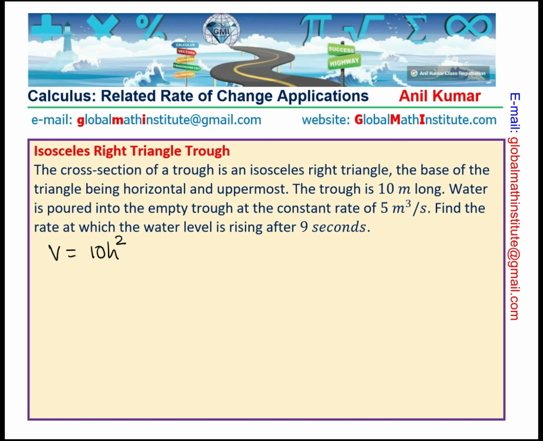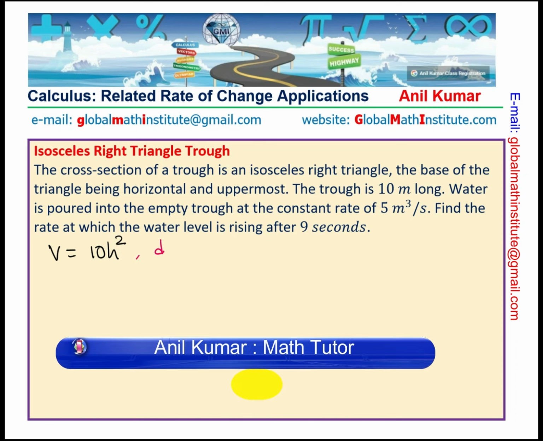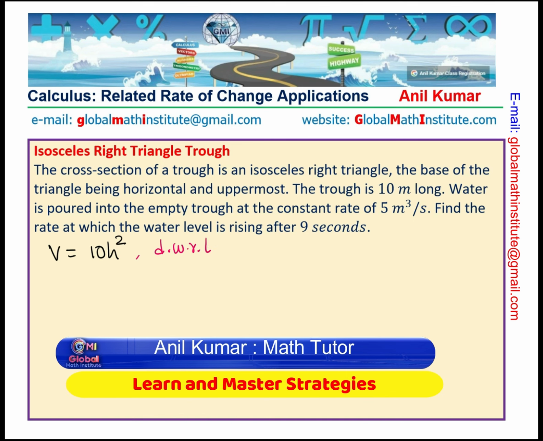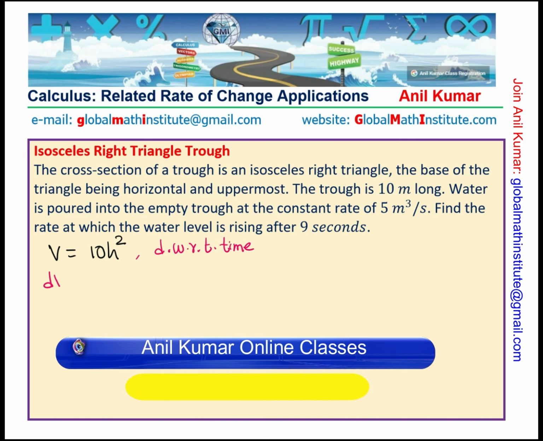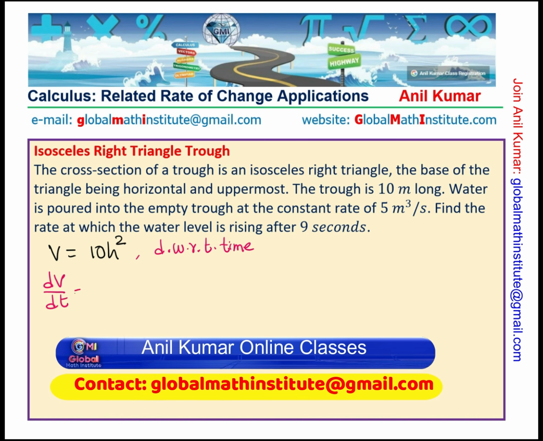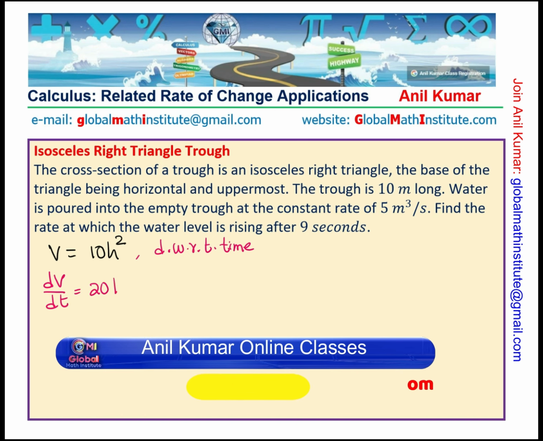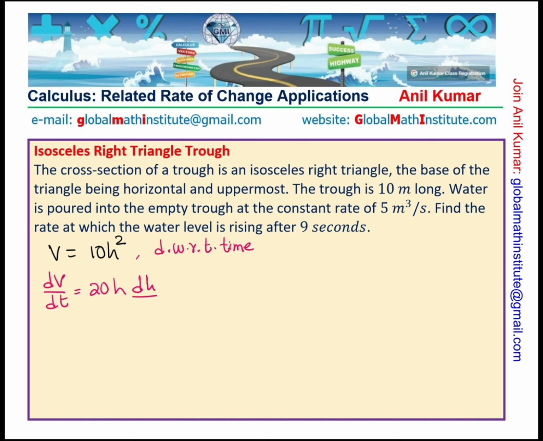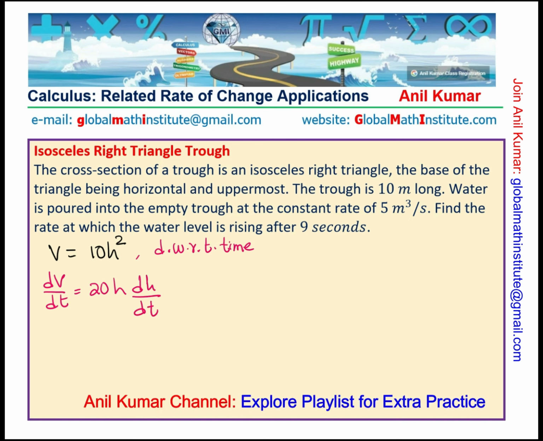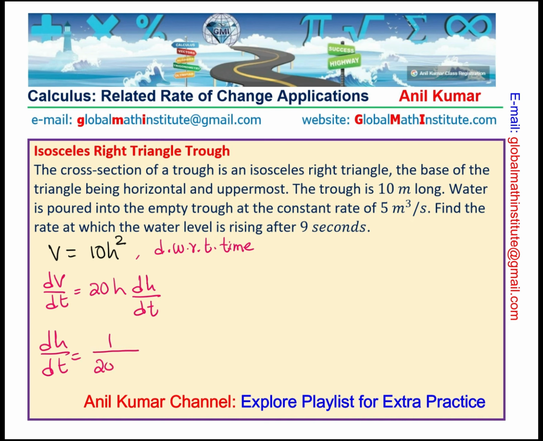We can differentiate with respect to time, correct? So that means we get dV/dt equals 20h dh/dt. So we can find what is dh/dt now, right? So dh/dt will be equal to 1 over 20h times dV/dt.